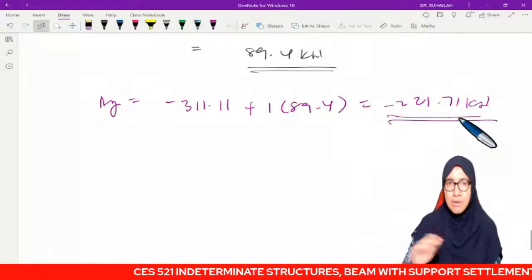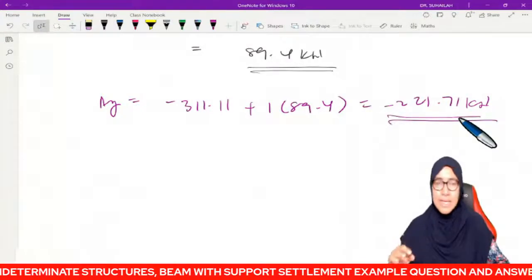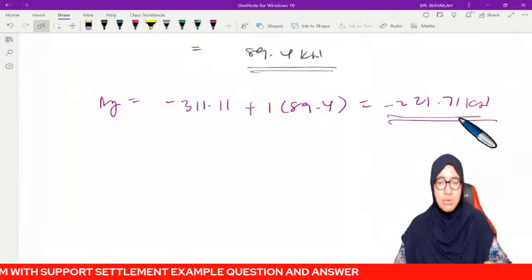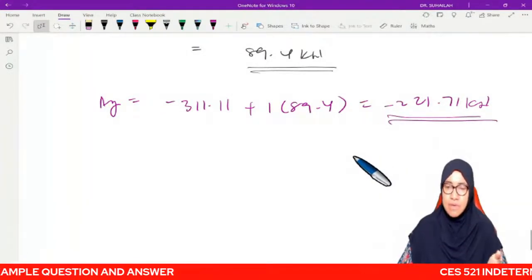So we can compare these two values and conclude why it happens. That is all the solution for the question given at the beginning of this video.